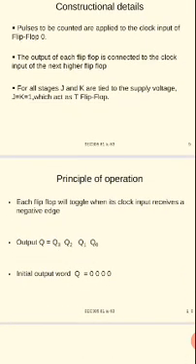Initial output word Q equal to 0, 0, 0, 0, because it has 4 flip flops. It has to show 4 digits.